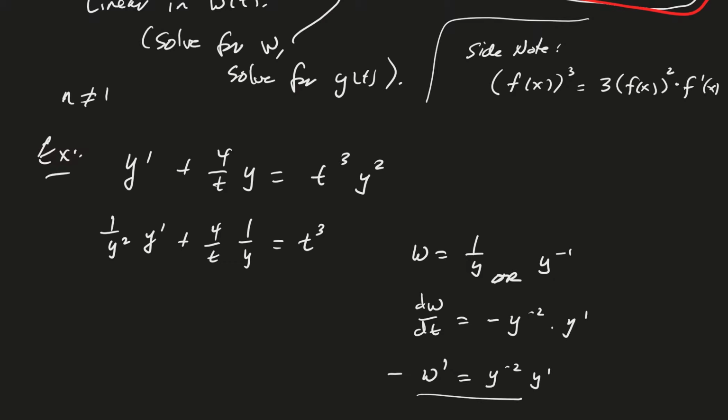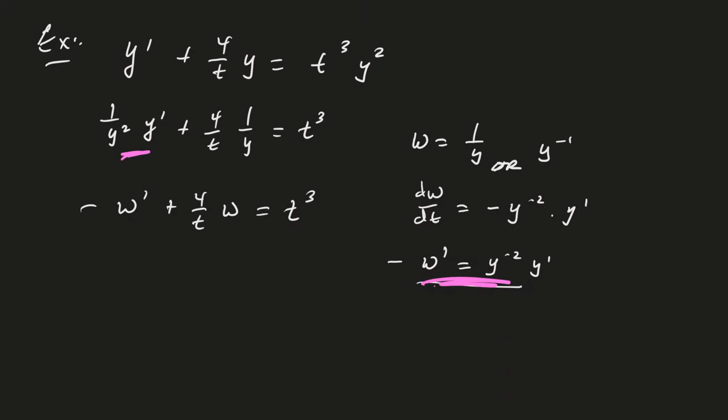Oops, I tried to get a different color. Here to here. Right, so I now have minus w prime plus 4 over t times w equals t cubed. Okay, and now I multiply through by my minus 1. Good, and now we can solve by integrating factor.